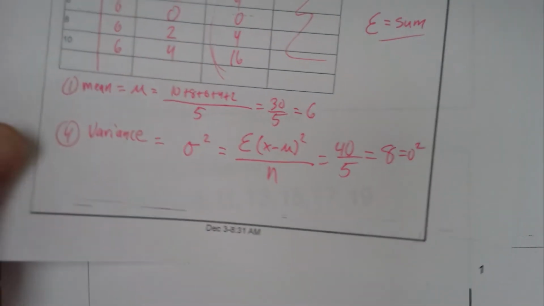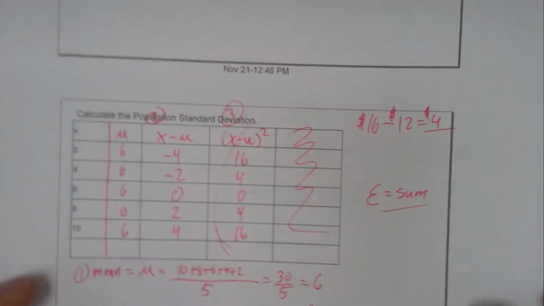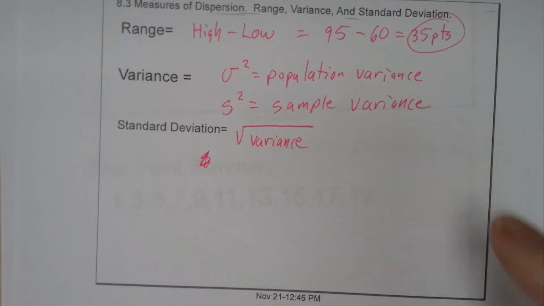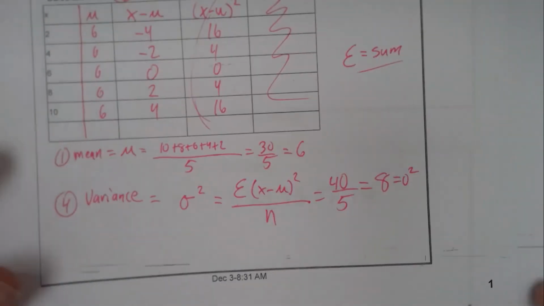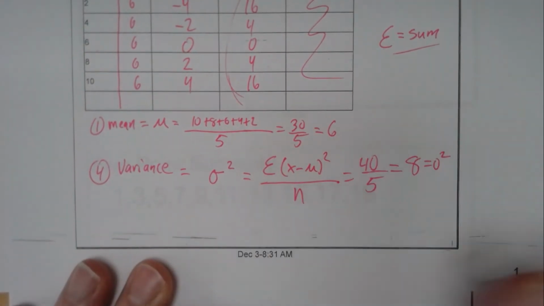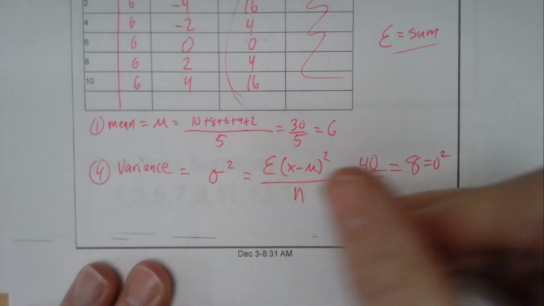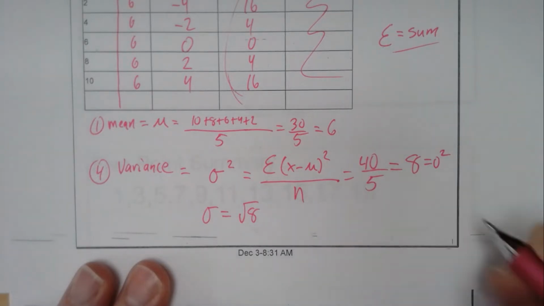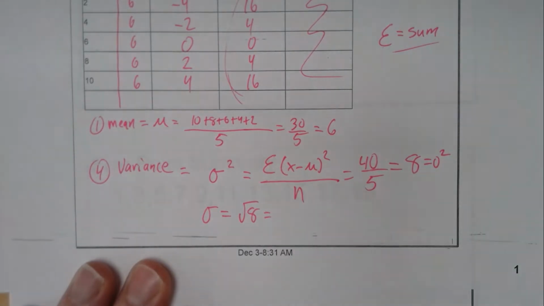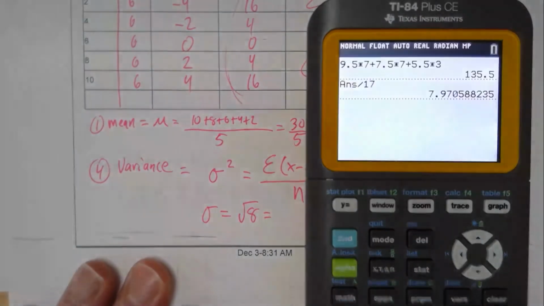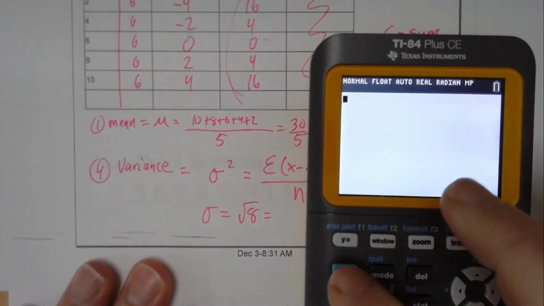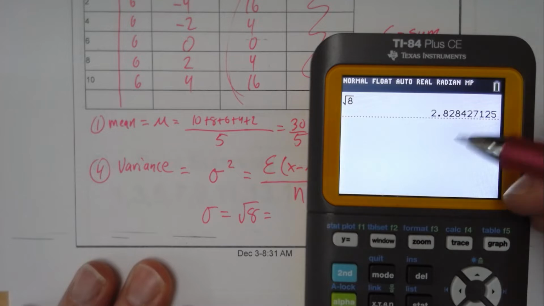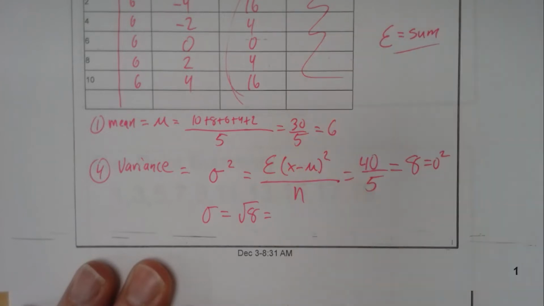So the standard deviation is the square root of the variance. I just found the population variance, so I take the square root now. Sigma is equal to the square root of 8, which is 2.83.